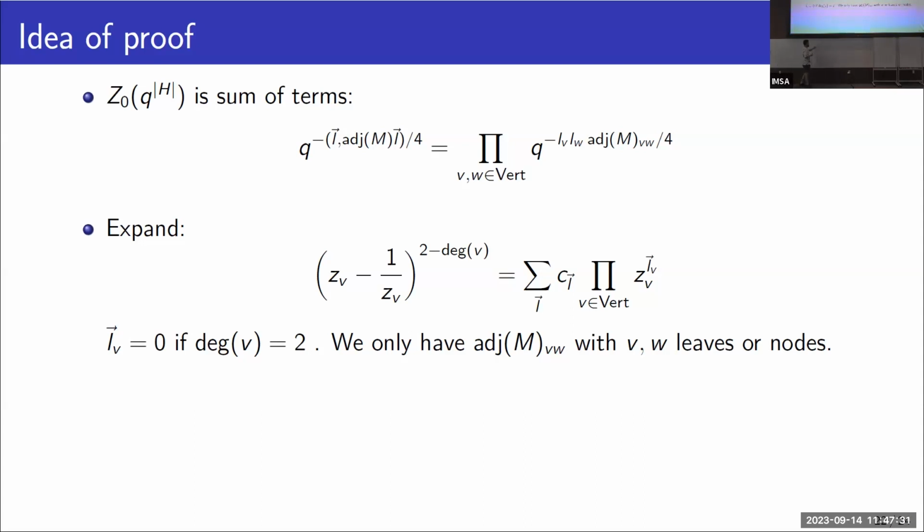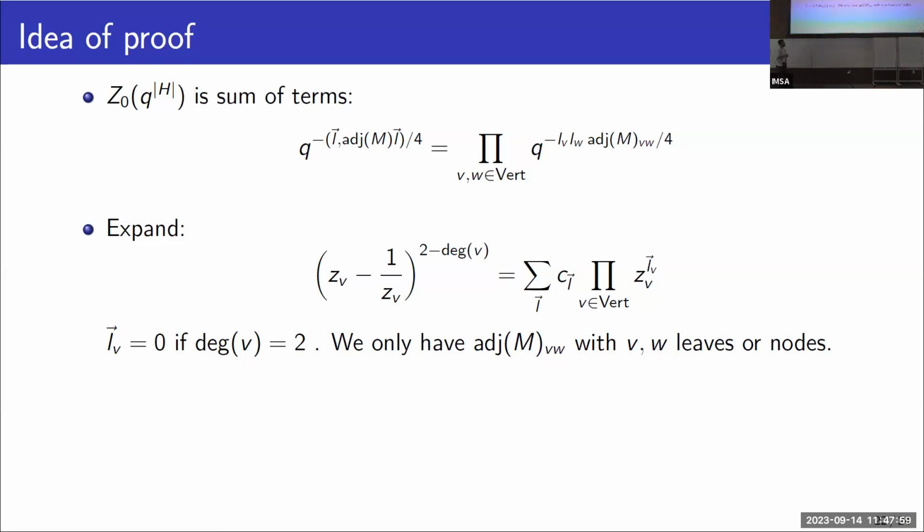So there will be some plus minus ones for the degree 1 vertices because we have 2 minus 1 is 1, so it's just Z minus 1 over Z. Then there will be a bunch of zeros for the degree 2 vertices. And then there can be some other numbers for larger vertices, larger degrees.